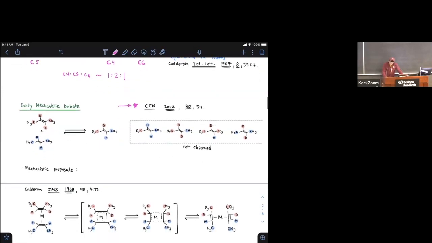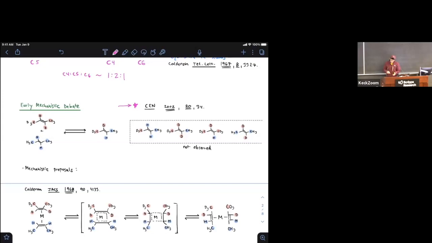So at the time, now think back to the late 60s, early 70s. At the time, it was appreciated that the geminal partners of the alkene remained attached to one another.